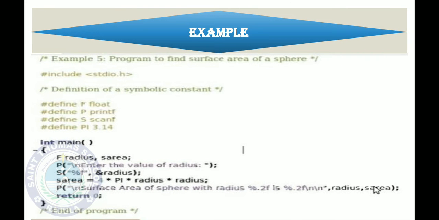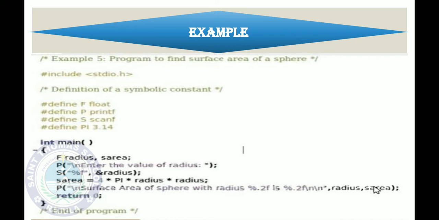So let's see an example over here. You just see, first hash define f float is written, hash define p, that is printf, hash define s as scanf, and hash define pi 3.14. So these all are symbolic constants, and they have specific values assigned to them. And hash define is a preprocessor directive. Then after that, integer main is written, this is our main function. In this we are using all these things. Now you will not understand, since we have not yet discussed any program.